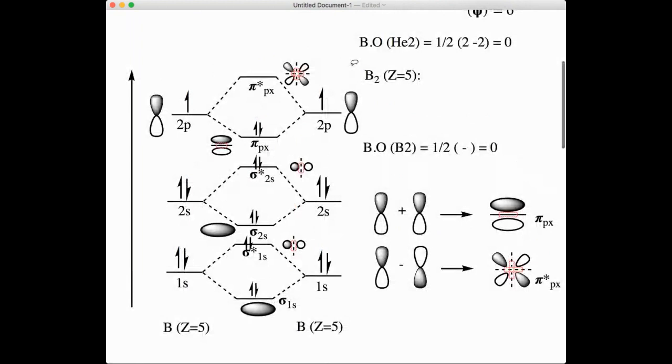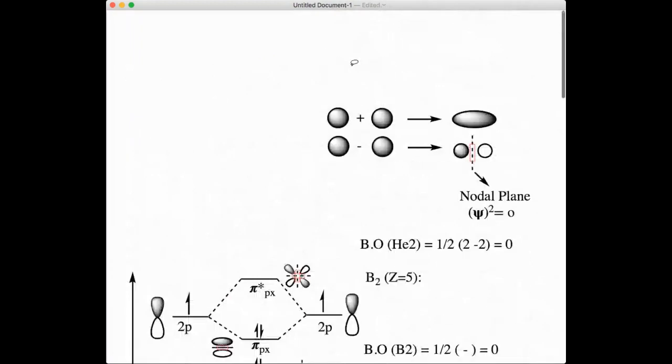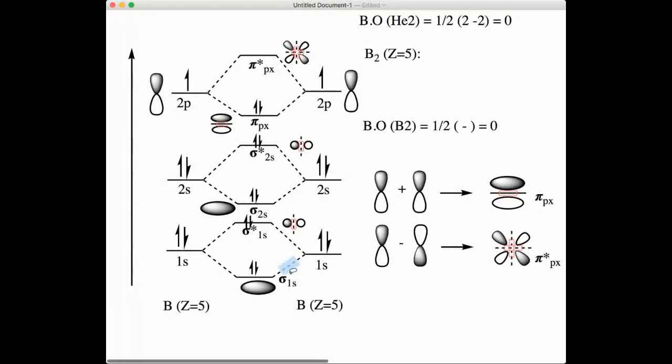So the electron distribution for B2 would be sigma 1s2, sigma star 1s2.